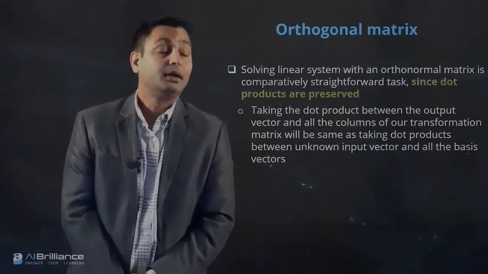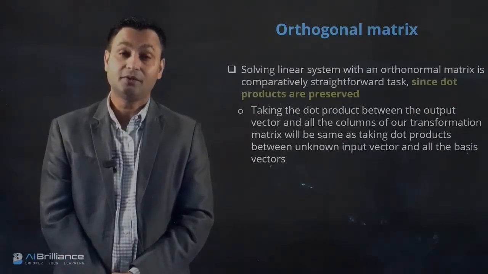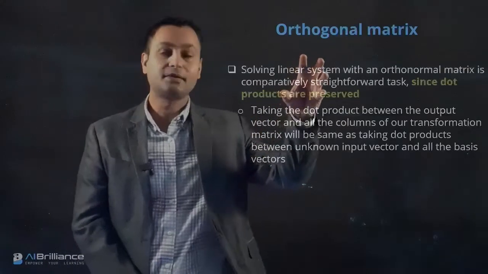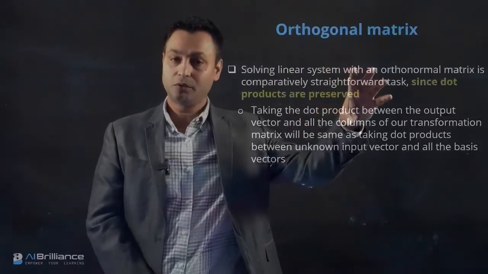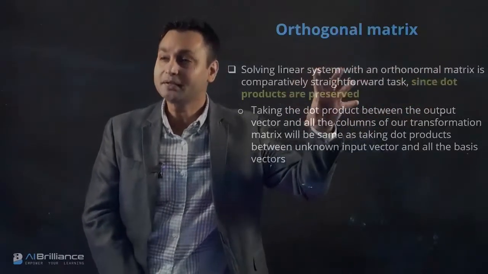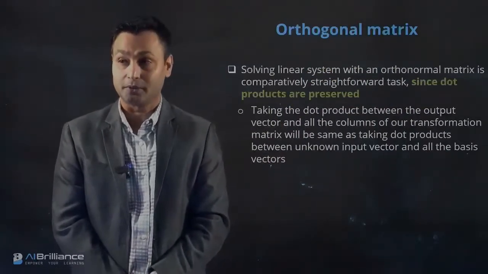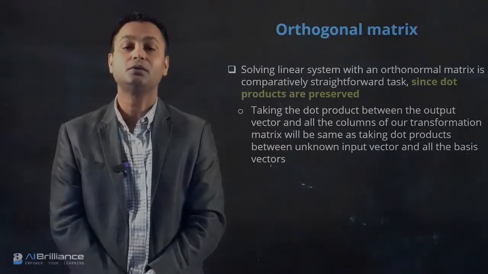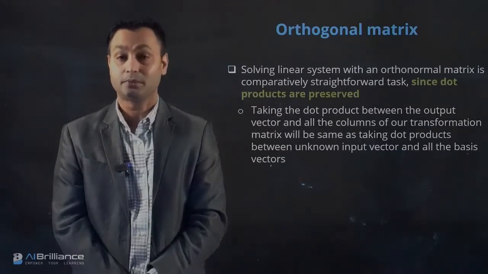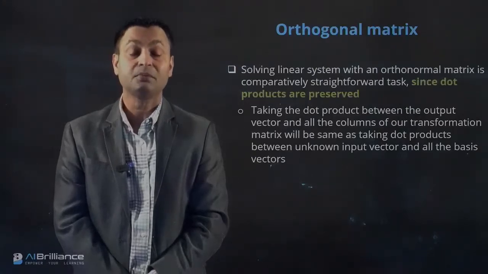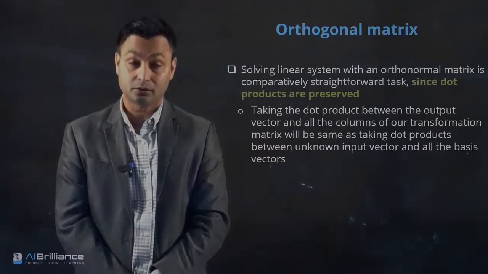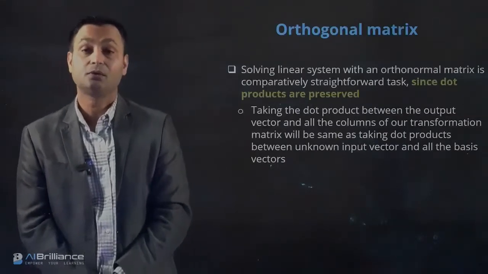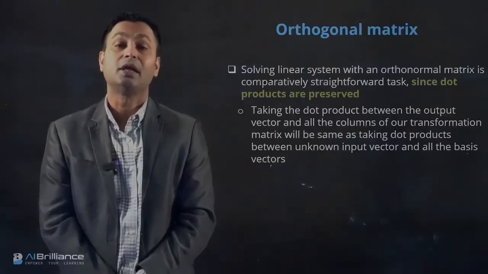So again, if you are focusing on solving a set of linear equations where the matrix multiplied by the unknown vector is equal to a known vector, and the matrix itself is an orthogonal matrix, this is a special case. It might not be the general case, because if you take any set of linear equations, you might not have a matrix that is orthogonal.